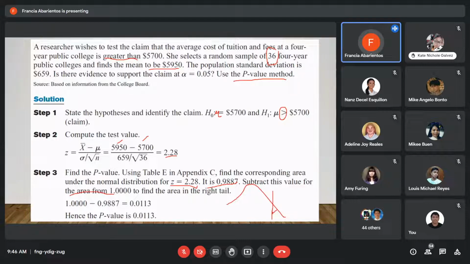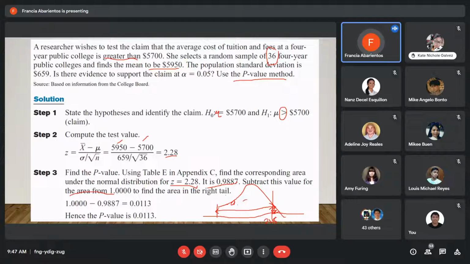So, kukunin muna natin. Ang nakuha nating z-value is 2.28. Dito siya sa part na ito. Hanggang dito yung area, class; from here to there, nakuha natin is 0.9987.